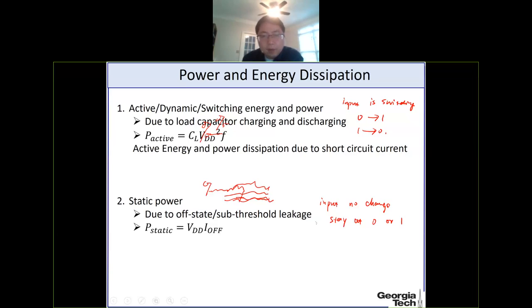If it does nothing, the current can still flow from the power supply to the ground through the subthreshold leakage. This is what we discussed in lecture 10. And then the current is coming from the power supply. So the static power is VDD times the off current, where we define the off current as the current at gate voltage 0, but drain voltage VDD.